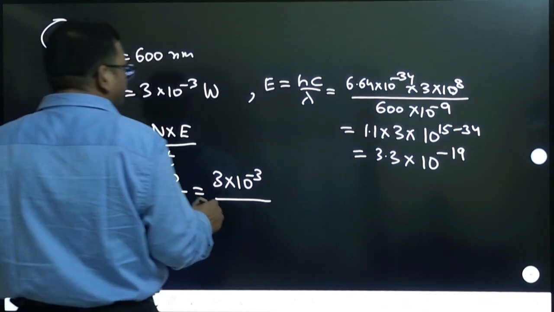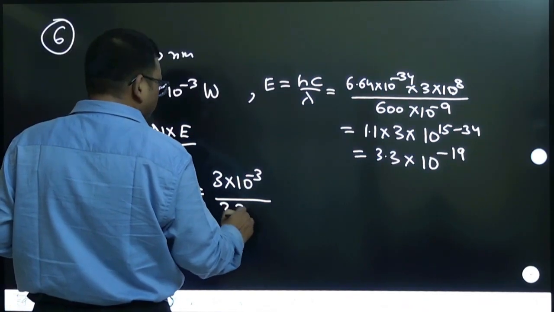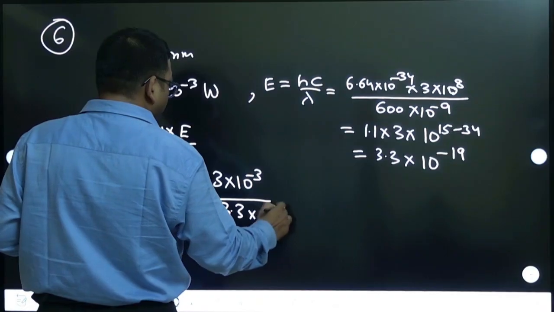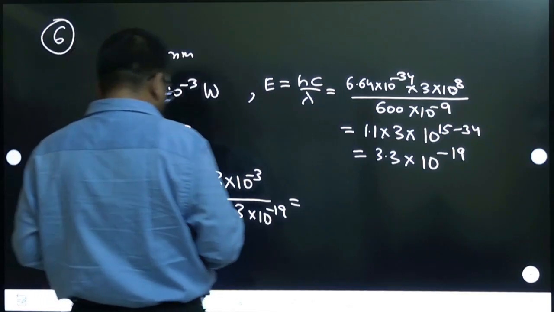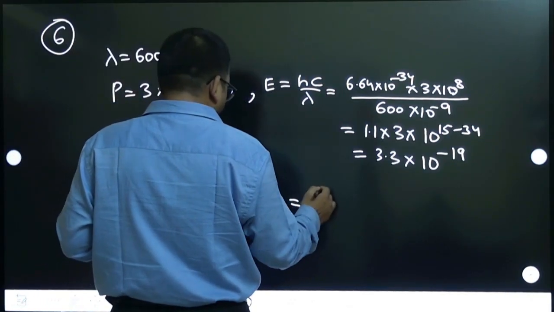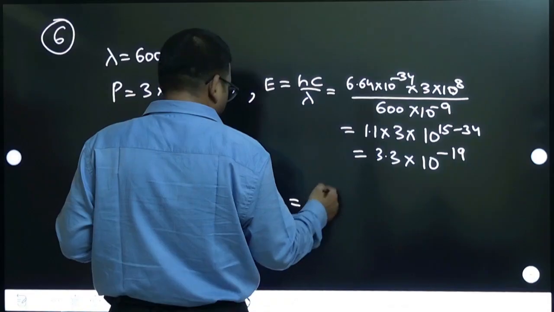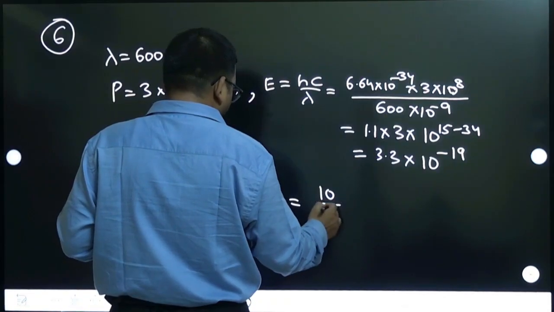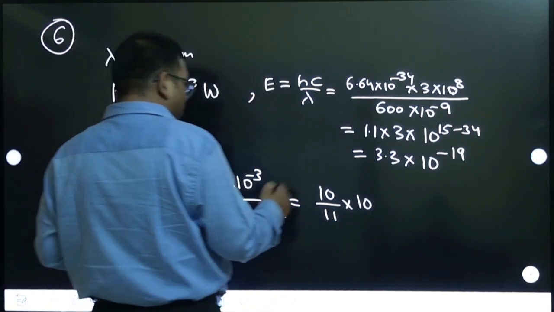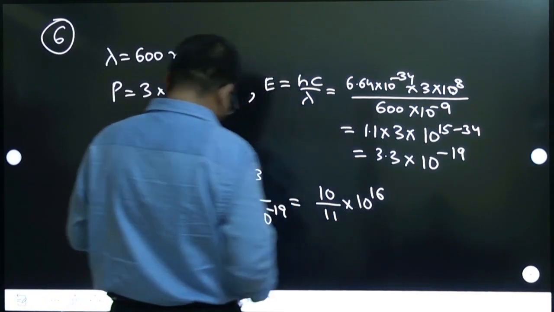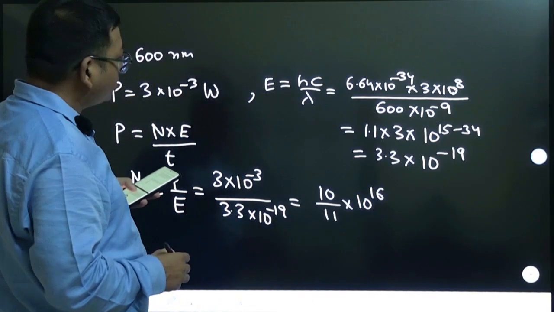Now if I substitute this 3.3 times 10 to the power minus 19 here, that is nearly how much? So it will become, if I remove the factor of 10 to the power 19, minus 3, 16 will come. Correct? Now check the order.